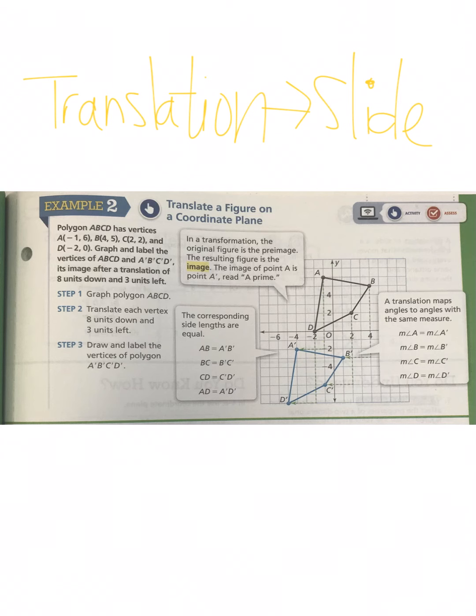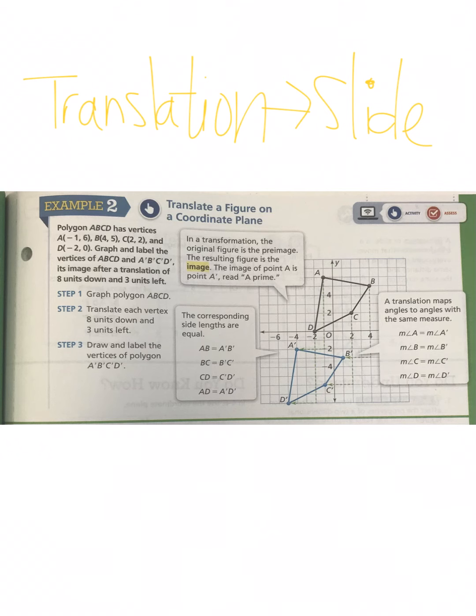Let's go ahead and look at example 2. In example 2, they have moved an image. Okay? And with this image, the original image, which is the most important for us to be able to identify, the original image we call the pre-image.